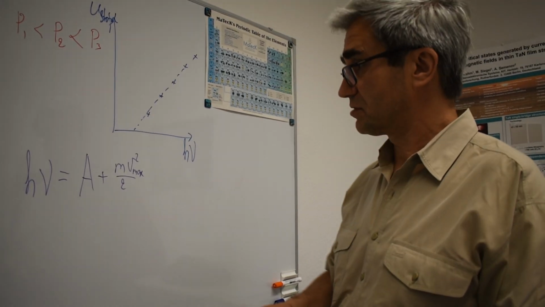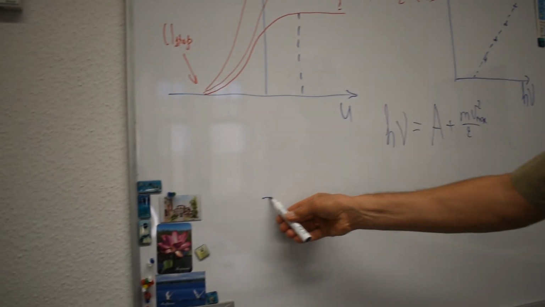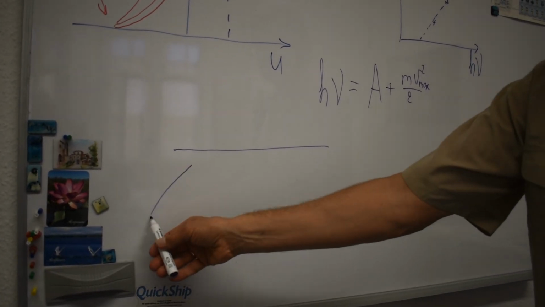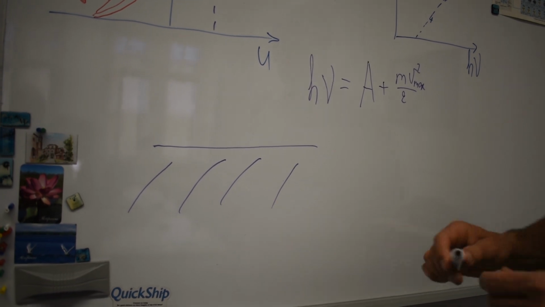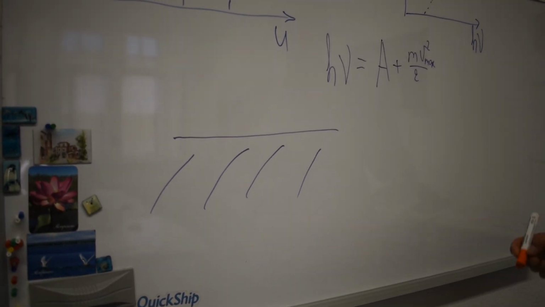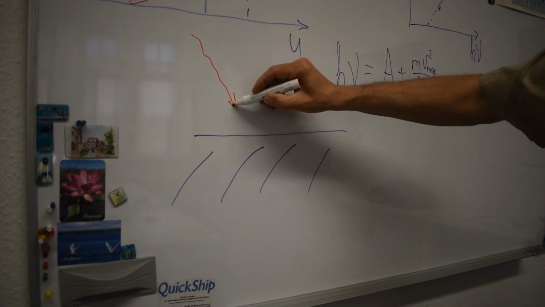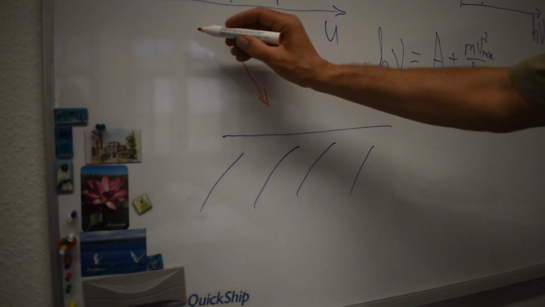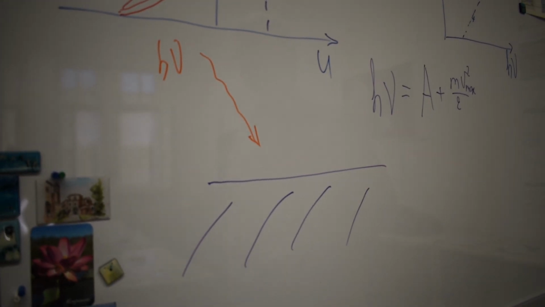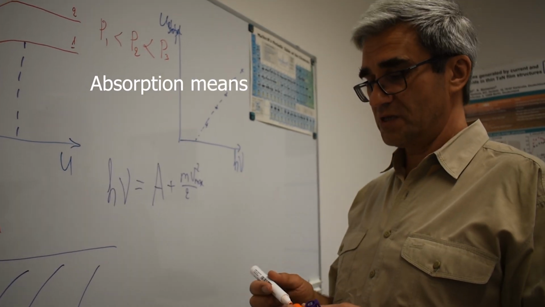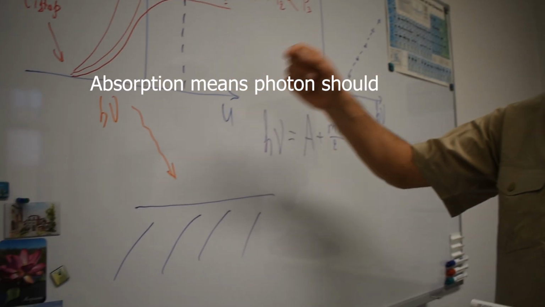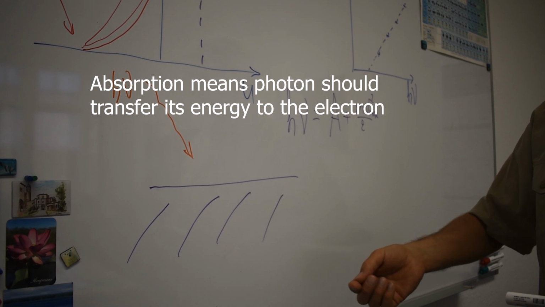First of all, if we have the surface of our photocathode, then our photon, which irradiates the surface of this photocathode, should be absorbed. Absorption means the photon should transfer its energy to an electron.